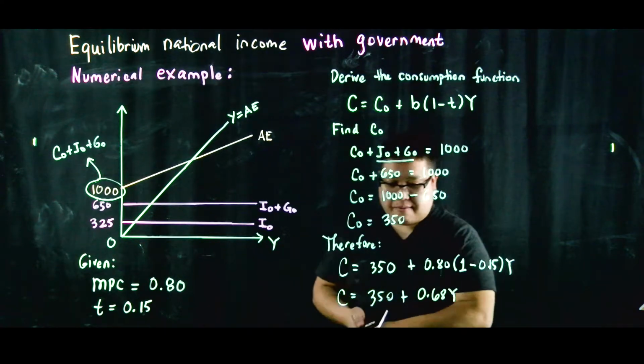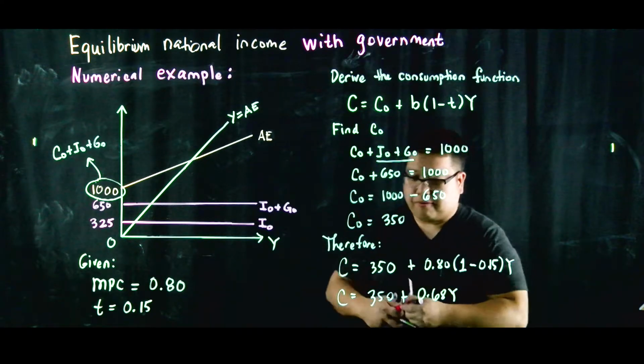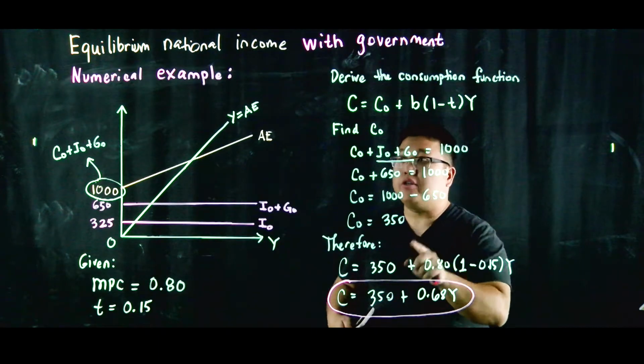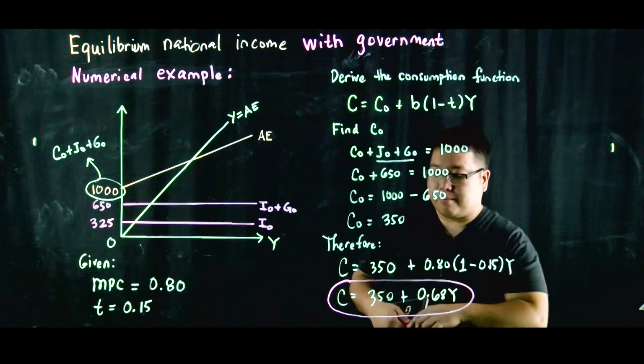And there you have it, we have our consumption function. In the next part of this video, we're going to solve for the equilibrium national income.